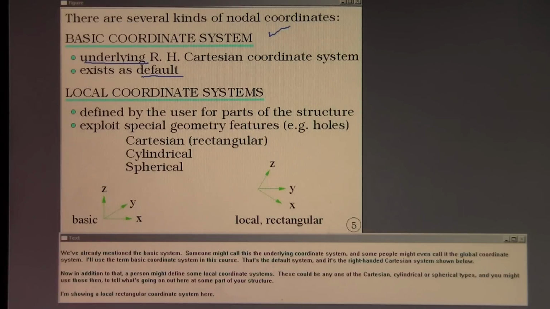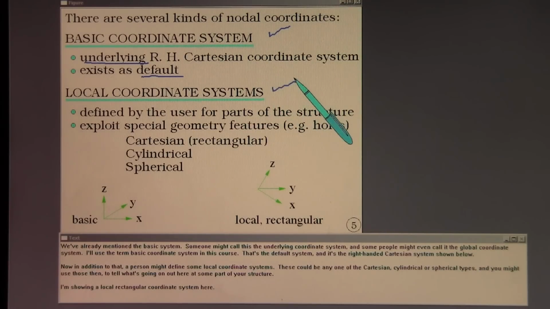Now, in addition to that, a person might define some local coordinate systems. These could be any one of the Cartesian, cylindrical, or spherical types, and you might use those then to tell what's going on out here at some part of your structure. I'm showing a local rectangular coordinate system here.